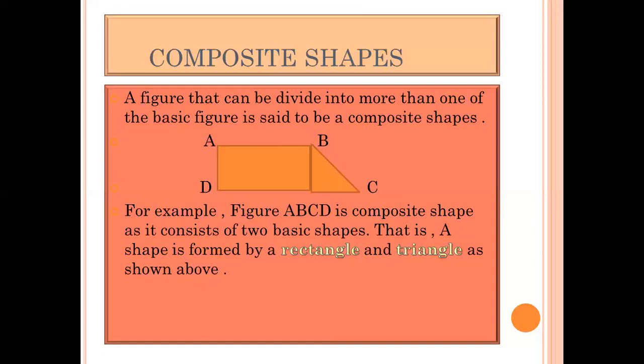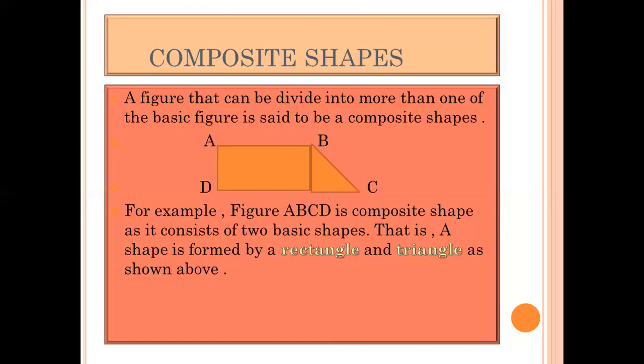For example, figure ABCD is a composite shape as it consists of two basic shapes, the rectangle and a triangle. You see in the diagram, two shapes are combined in that figure, rectangle and triangle. So this type of figure or shape is called composite shapes.